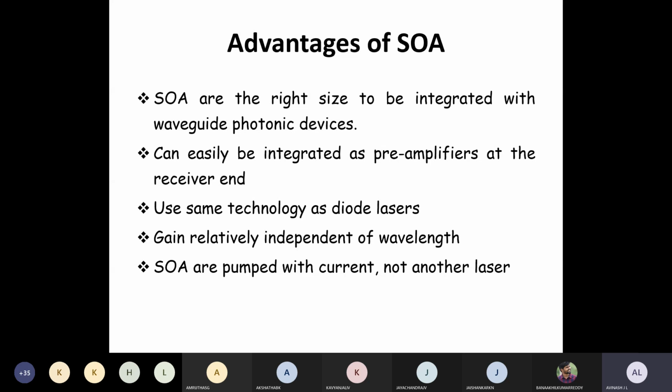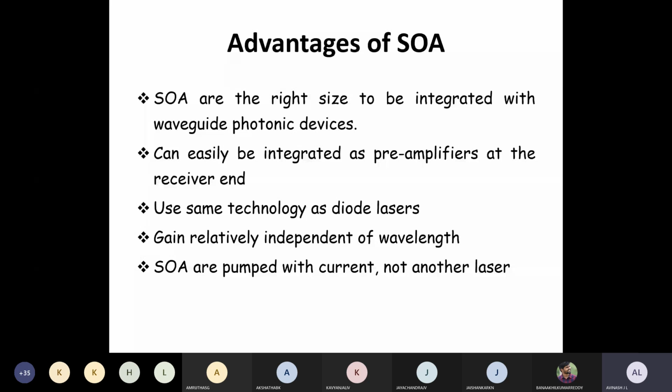The next thing is that they use the same technology as diode lasers. As I told you, the Fabry-Perot is used to generate the laser signal. The laser signal is of very high intensity and monochromatic, so it can be used for many medical purposes and more.